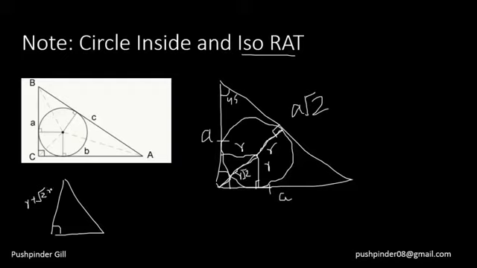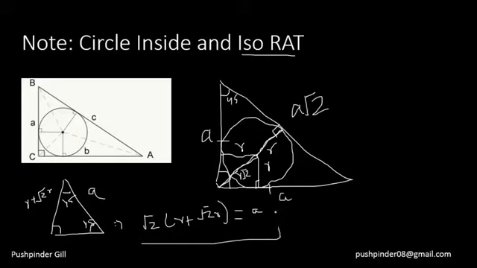And the hypotenuse is A. Now I can very well get the relationship because this is again an isosceles right triangle. So by this I can say that root 2 into R plus root 2R is equal to A, that is equal to the side.